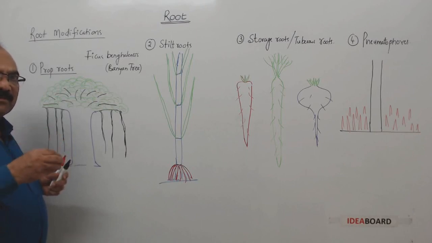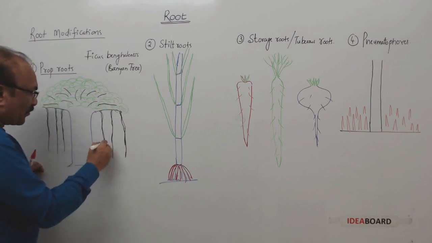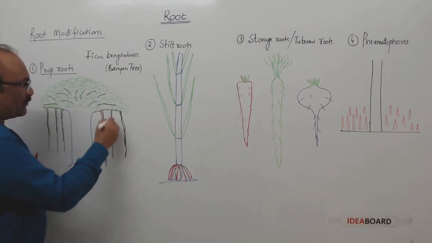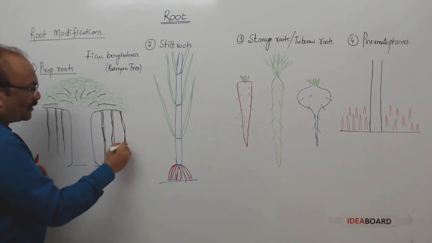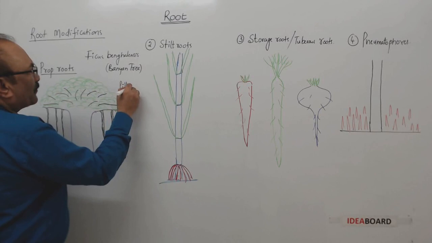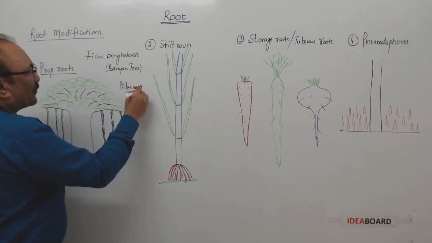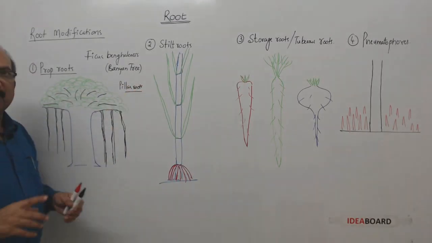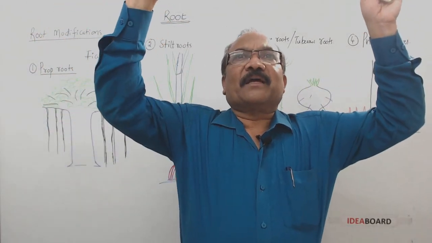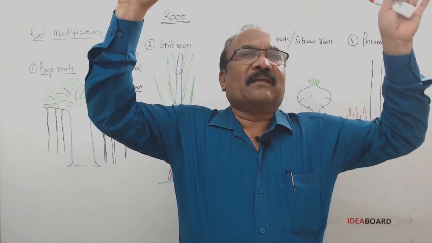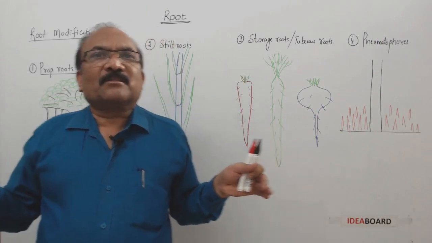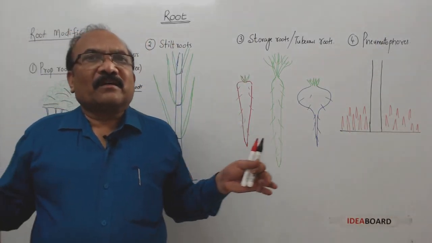But once they establish in the ground, they become very strong, and then we call them pillar roots. Now they support the branches from breaking, so this banyan tree can spread to some acres of land.